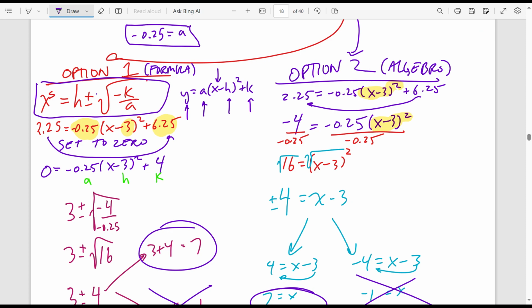Set it to 0. Now at this stage, I leave the rule and I go to the formula. So I plugged it in down there. That formula being plugged in down here, yeah, I can see how that would be confusing. I use the rule to find the a, h, k to get it set so that I can put it in that formula, I guess is the better way to put it.